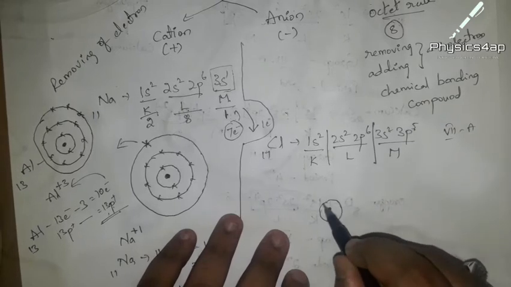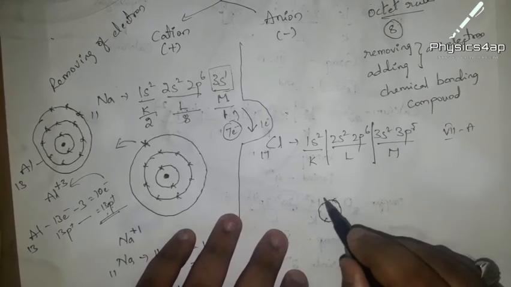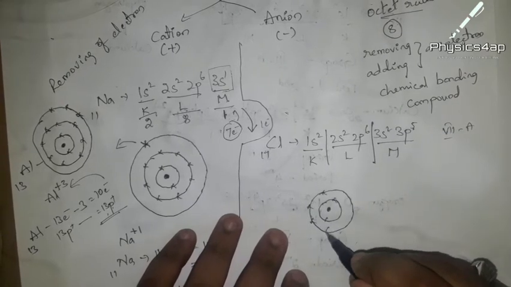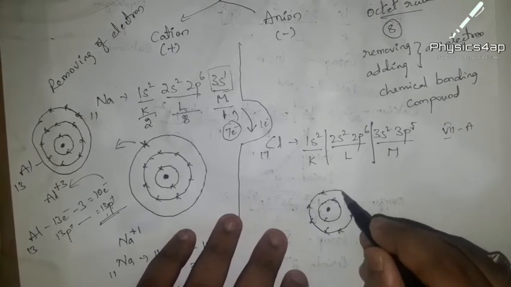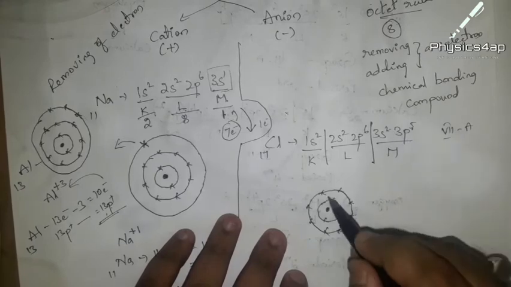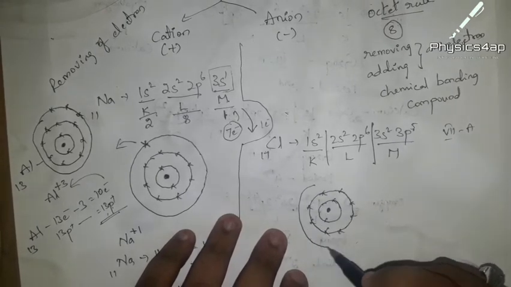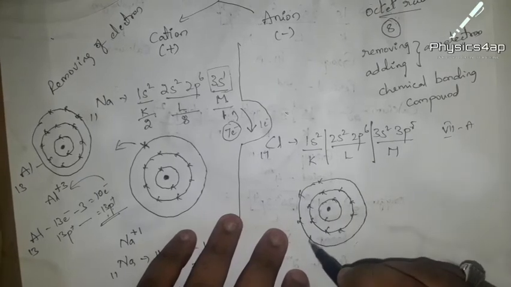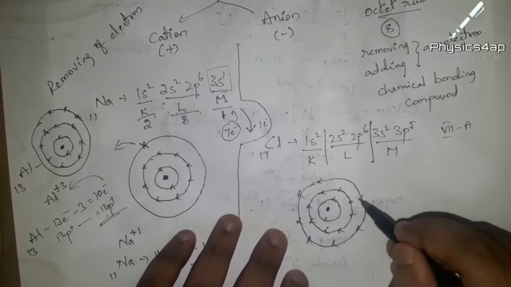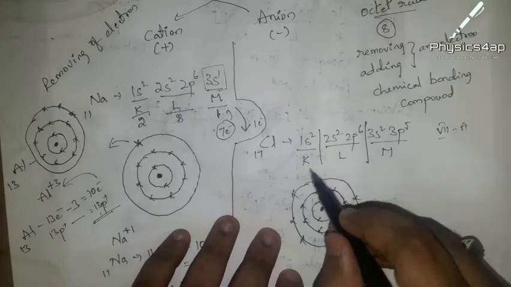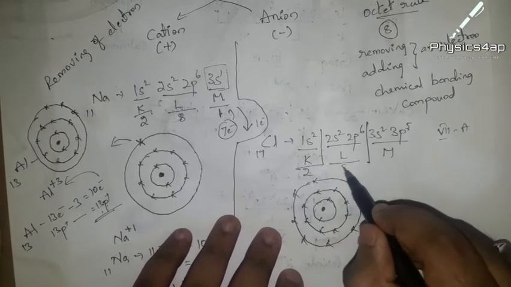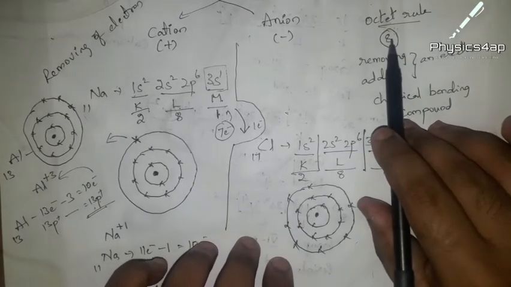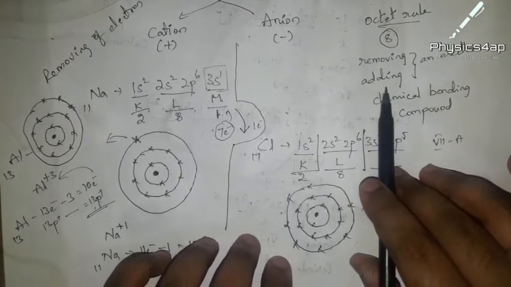Now coming to the chlorine atomic structure. The first orbit has 2 electrons, the second orbit has 8 electrons, and the third shell has 7 electrons in it. As the outermost orbit has 7 electrons, to get the octet rule, that is 8 electrons, we need to add or remove electrons.